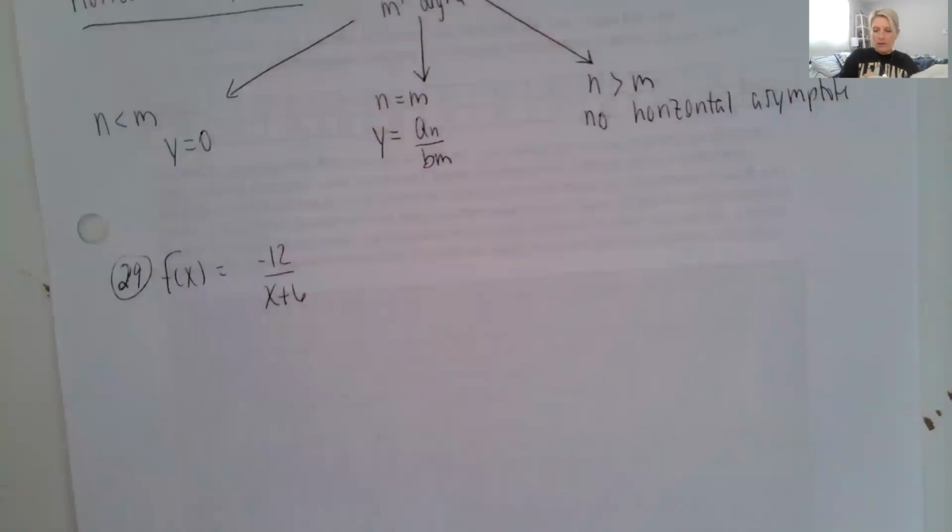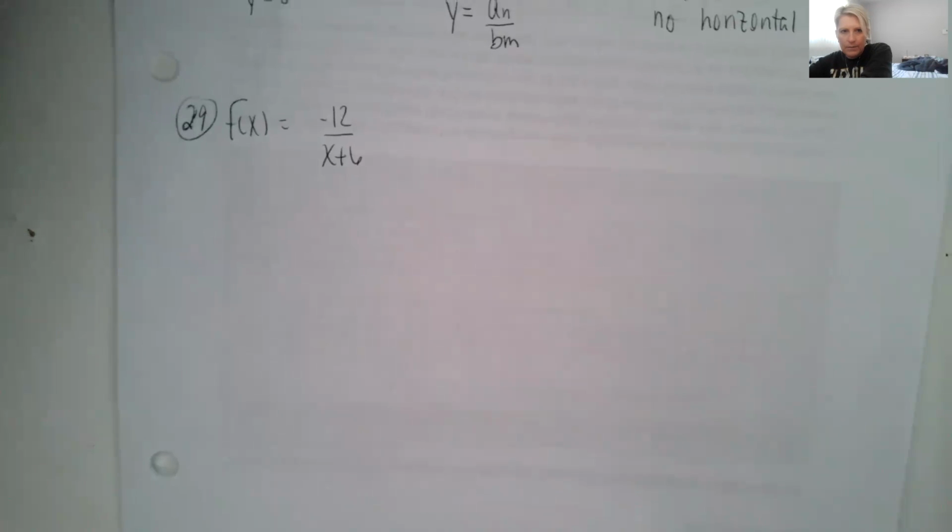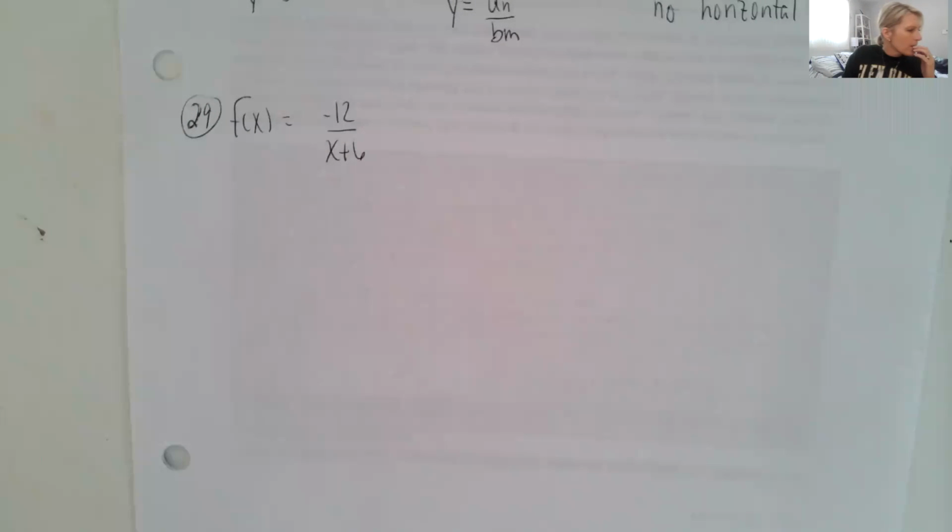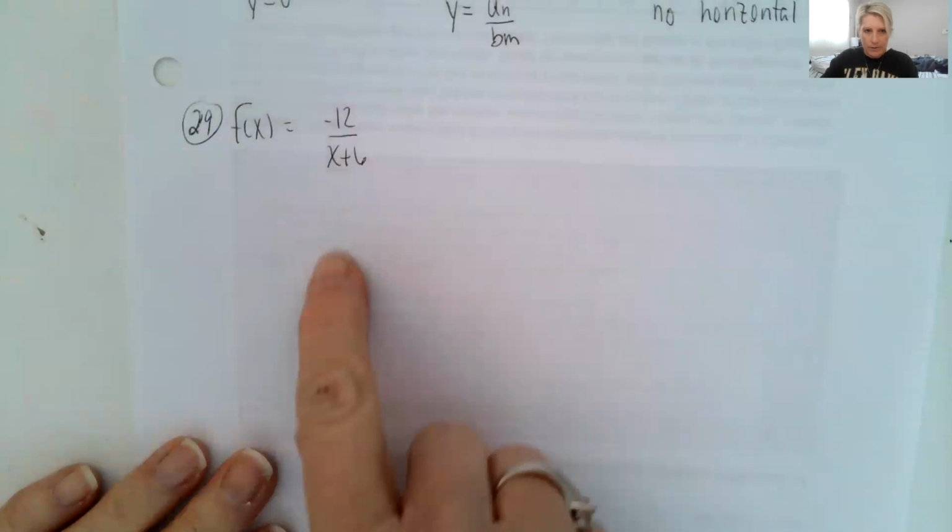Okay, so let's look at one. We're going to look at a vertical asymptote for 29.